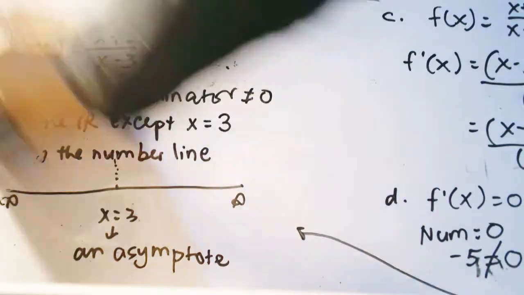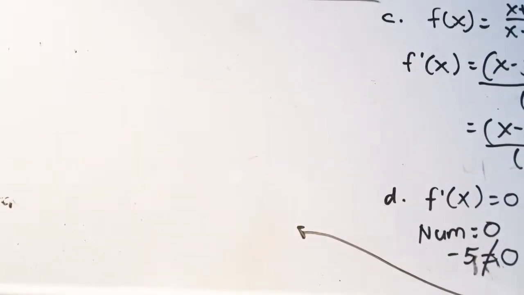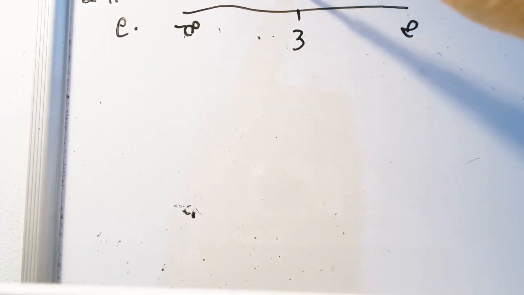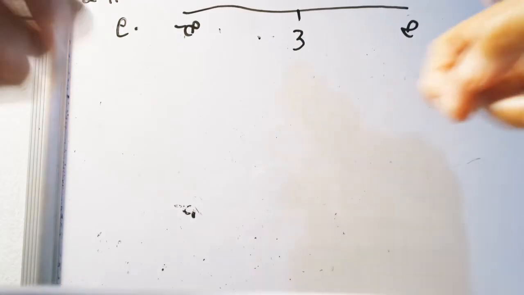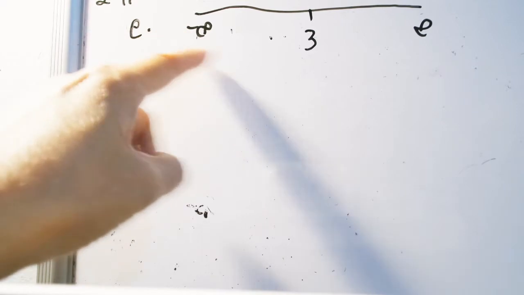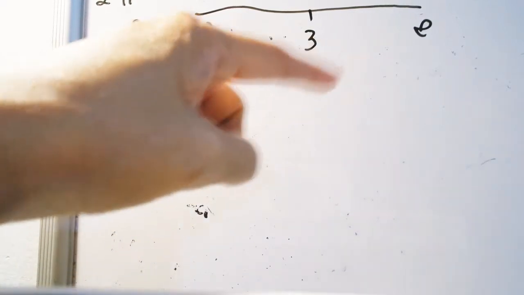Let me wipe this off. For E, the number line that we had just now was minus infinity, infinity, and then we have a 3 here. From the number line, we see that we have 2 intervals: from minus infinity to 3, and another one from 3 to infinity.